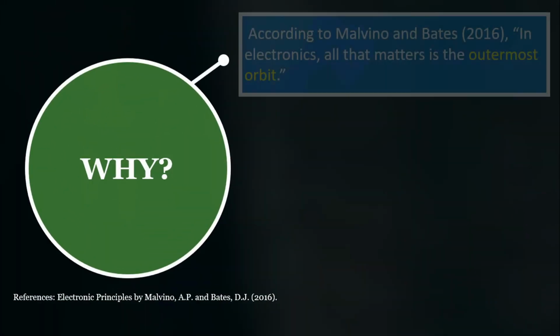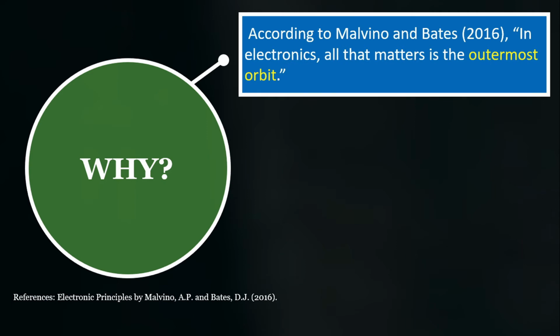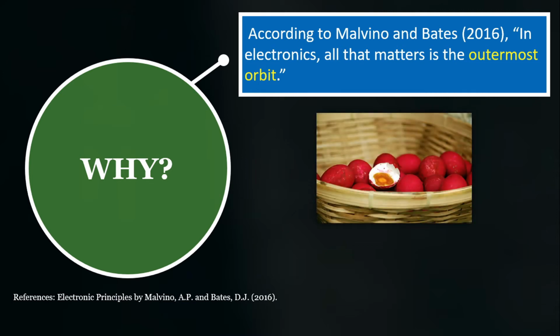According to Malvino and Bates 2016, in electronics, all that matters is the outermost orbit. We can compare the significance of the outermost orbit to how Filipinos distinguish a salted egg from a regular egg.